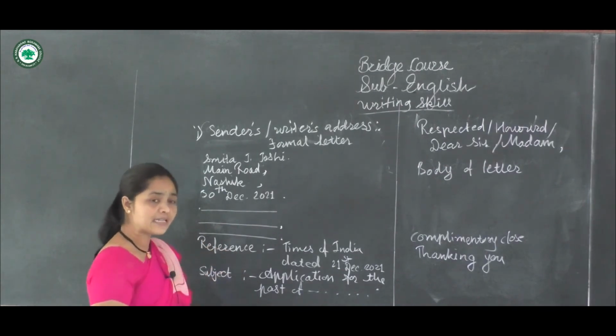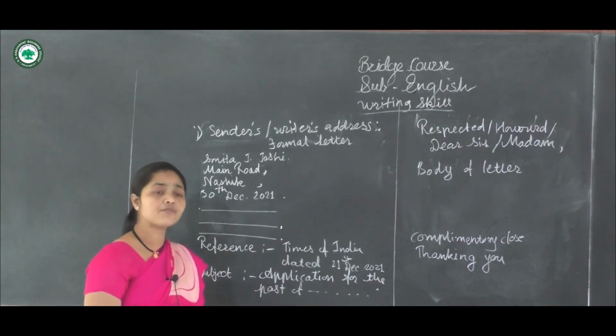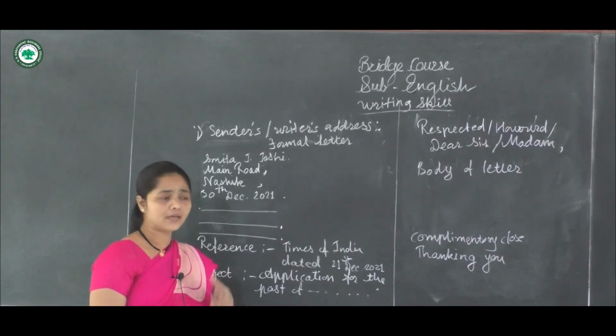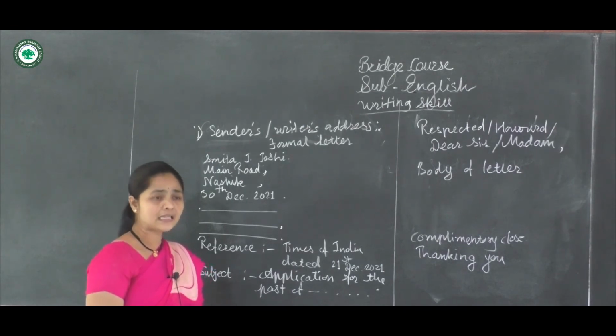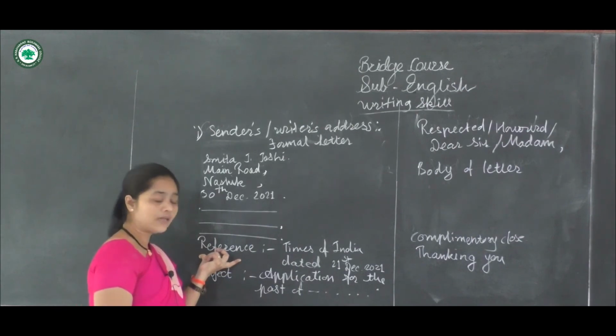But when you want to take permission from the principal or your teacher, as well as when you write to newspaper editors about irregularity in water or electricity, or the nuisance you faced in your locality, at that time you should not write a reference.